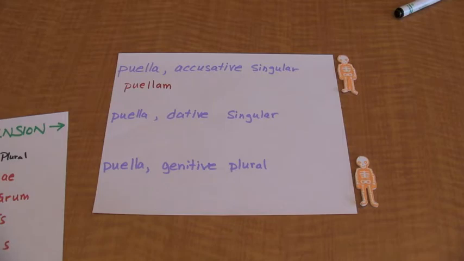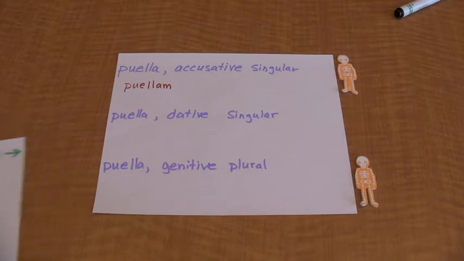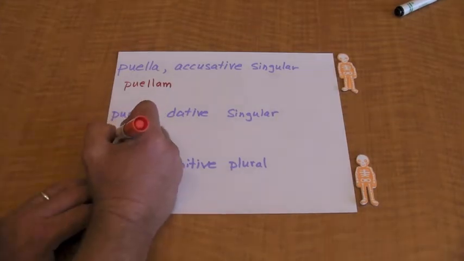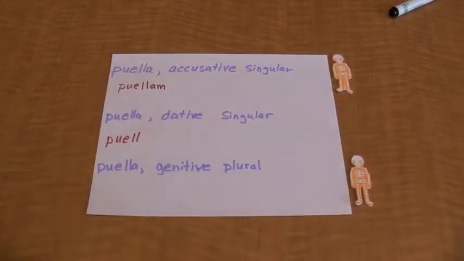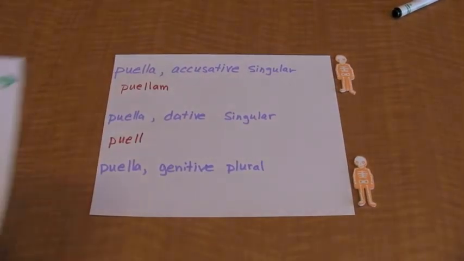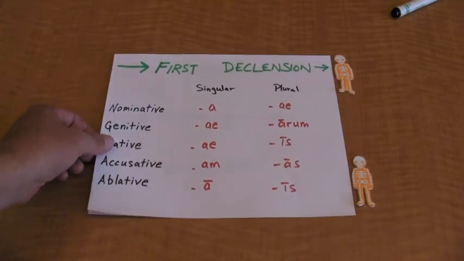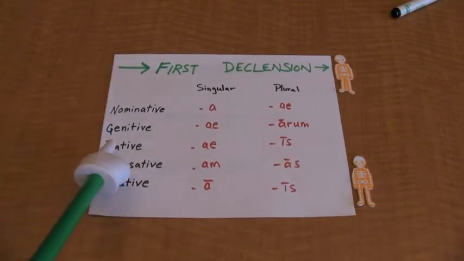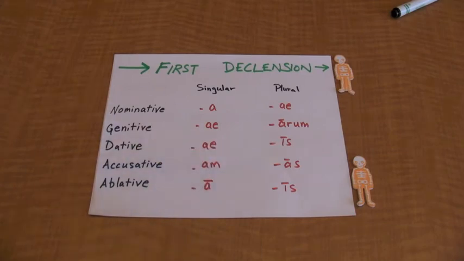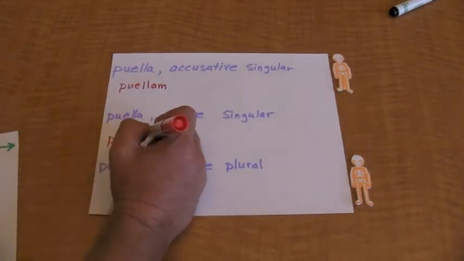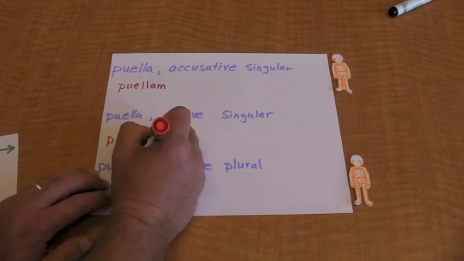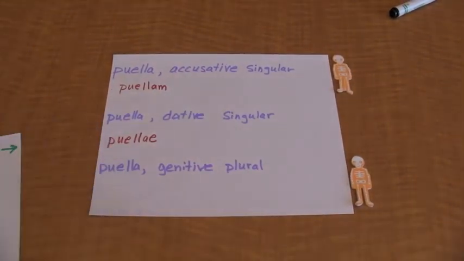Let's try this with puella and the dative singular as well. Again, we'll begin with the stem, P-U-E-L-L, and then we'll want to add the endings of the dative singular, the letters A-E. So the stem, P-U-E-L-L, plus the ending A-E makes puellae, the dative singular of puella.